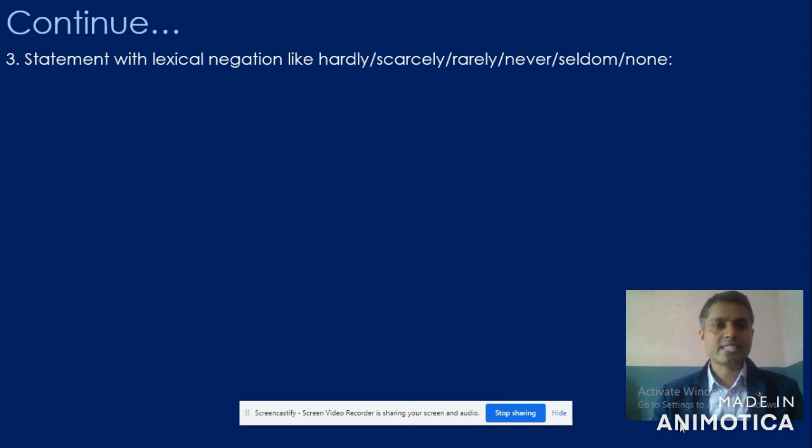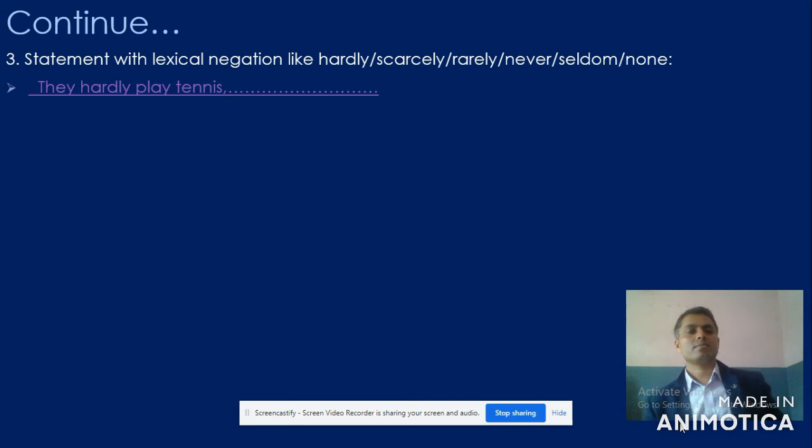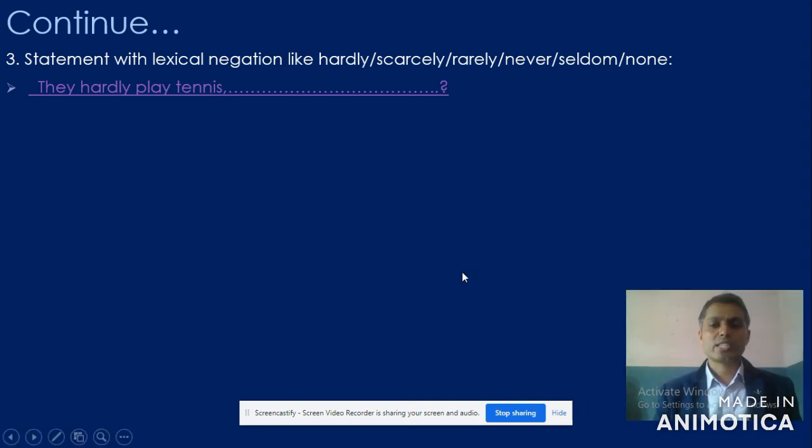Now let's do it from the example sentences here. Look here: they hardly play tennis. They hardly play tennis is almost a negative statement, a negation, right? So in that situation, how can we supply the question tag? First you have to know it is just like not, just like they do not play tennis.